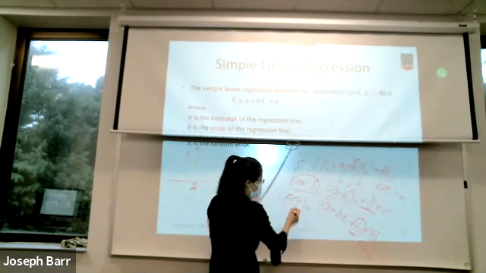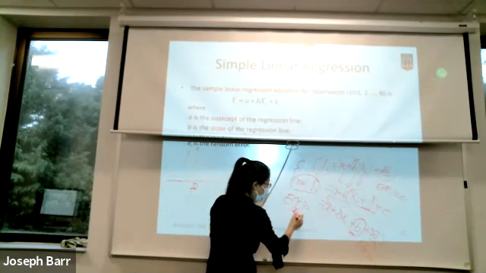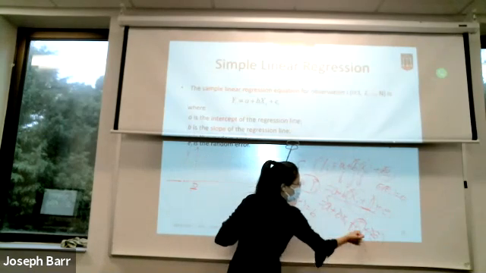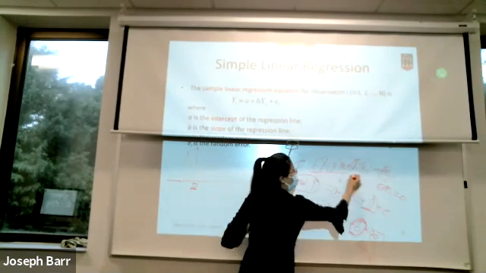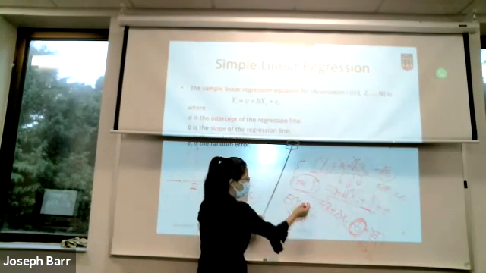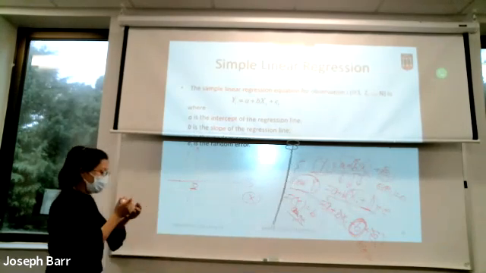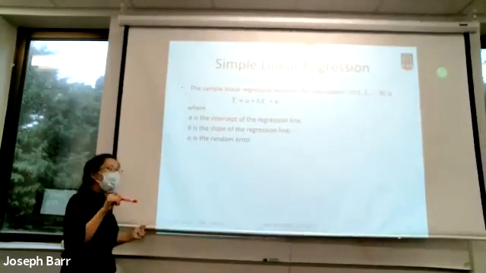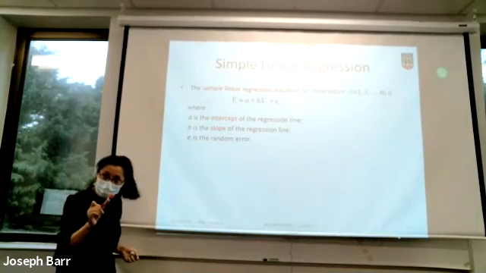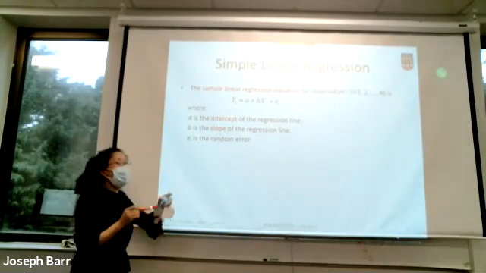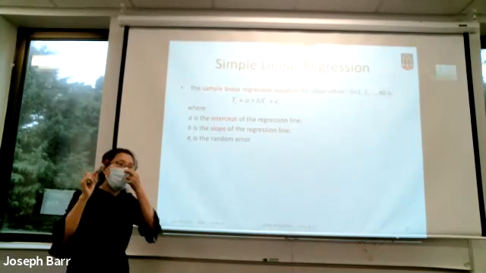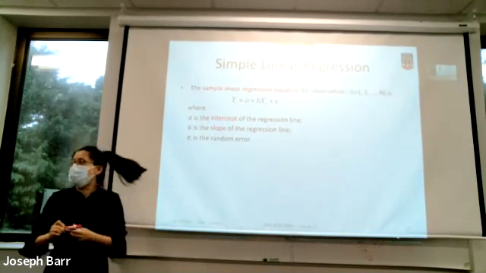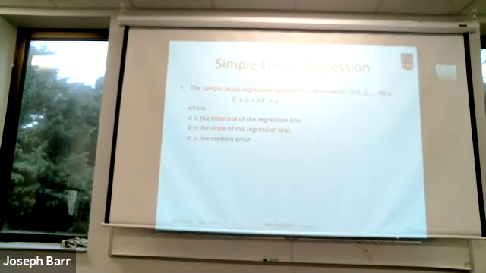So the expected change in y is our B. B is left over by comparing these two y's. So the meaning of the slope is the expected change when x increases by 1 unit, and A is the expected outcome y when x takes a value of 0. That's the definition of A and B, which are really important.